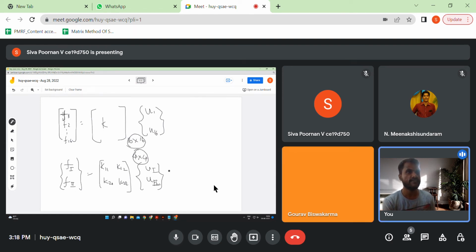We'll have two equations. We have to just solve for them and then substitute. Just take the two equations. F1 is equal to K11 U1 plus K12 U2. But one condition we need to impose here: what is known in this whole matrix?